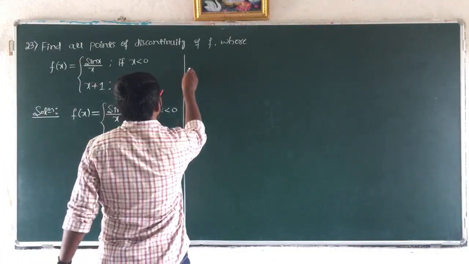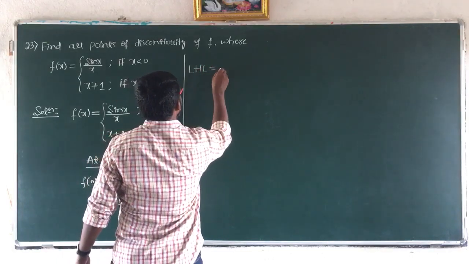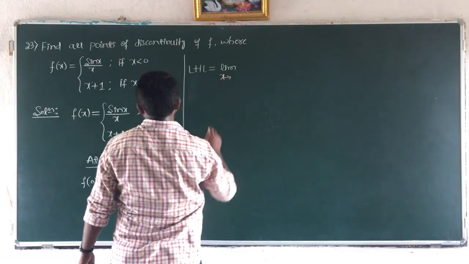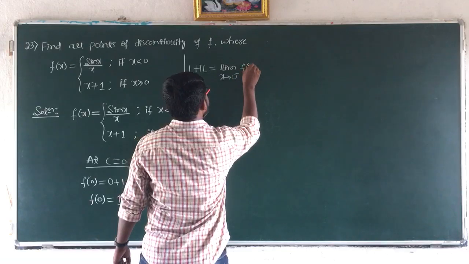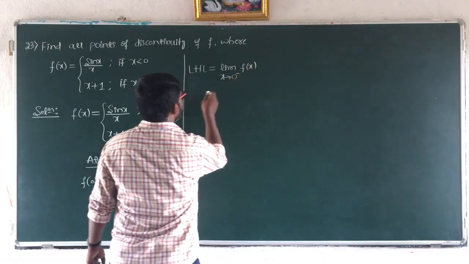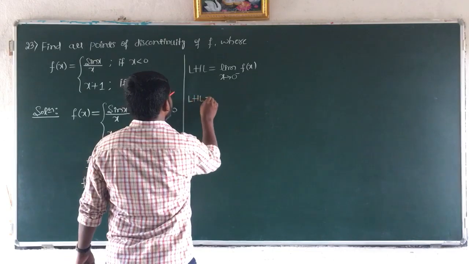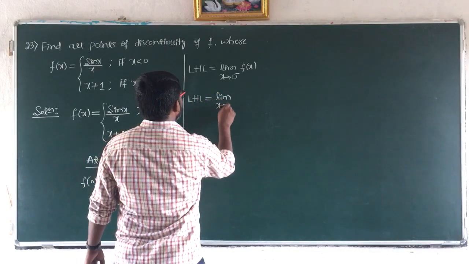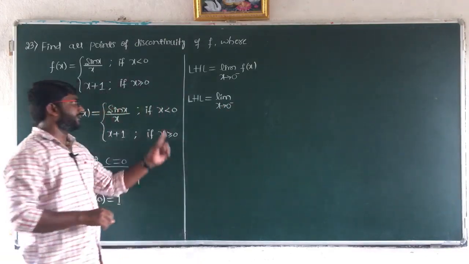So LHL which is equal to limit x tends to 0 minus f of x. 0 minus means it is less than 0.